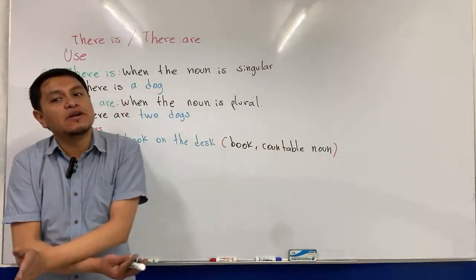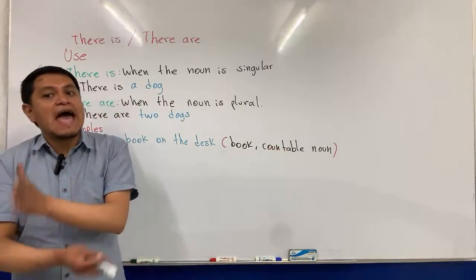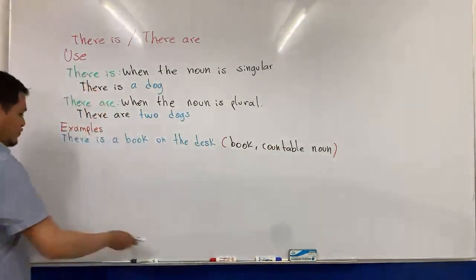Another example with this rule. There is a computer in the bedroom. There is a computer in the bedroom.